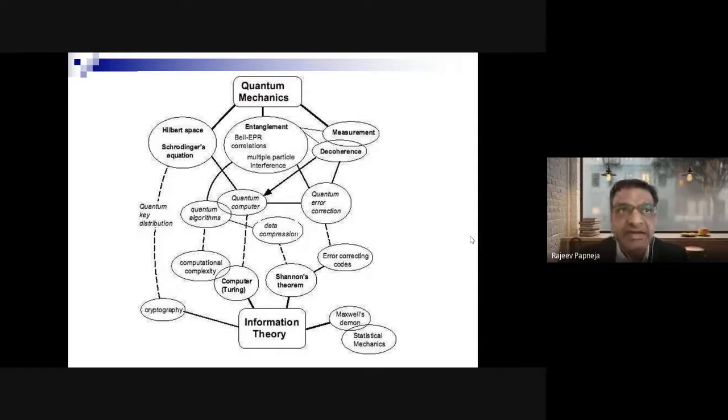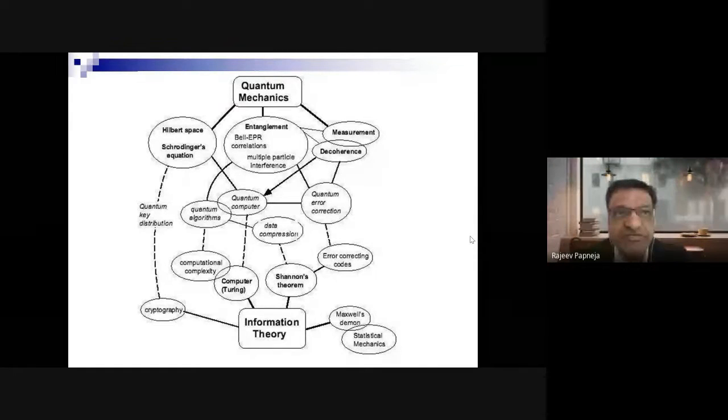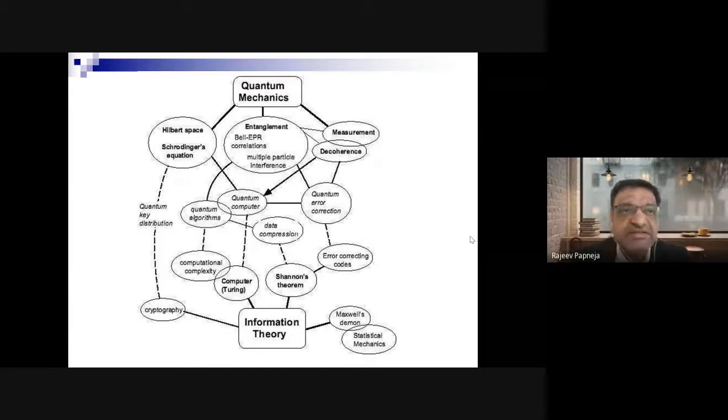We looked at decoherence, which is the loss of quantum behavior due to the environment, because if there is even the slightest of heat or noise or the waveform of noise, then the superposition in the qubit will get disturbed and errors will be incurred. So those are called quantum errors.